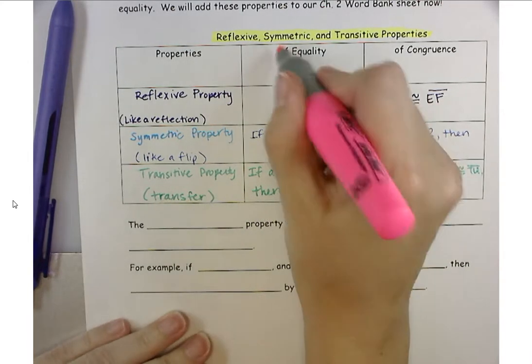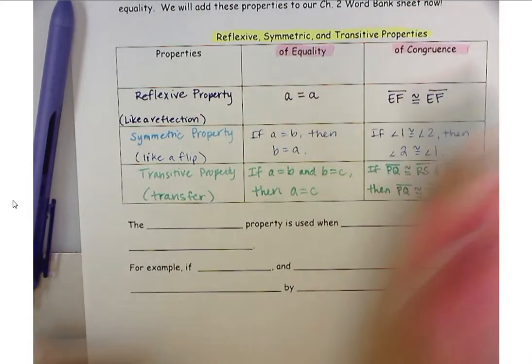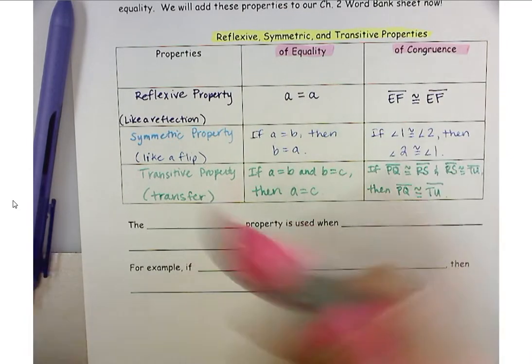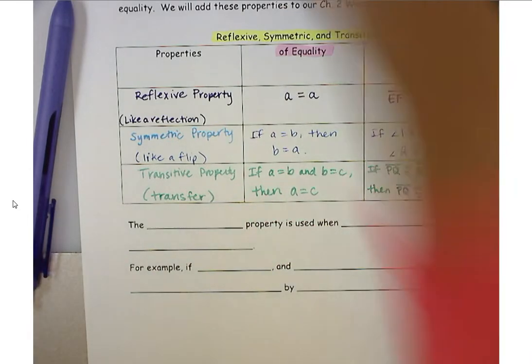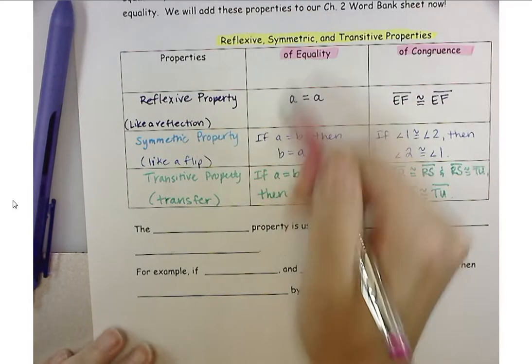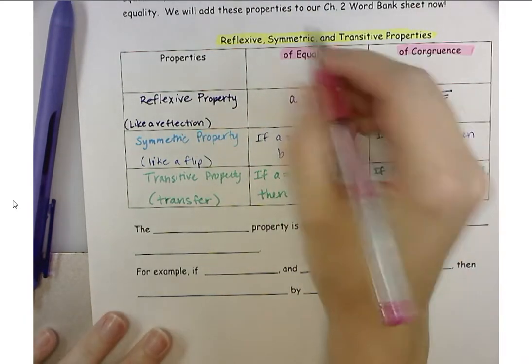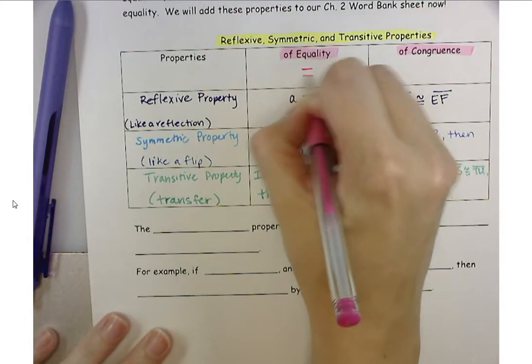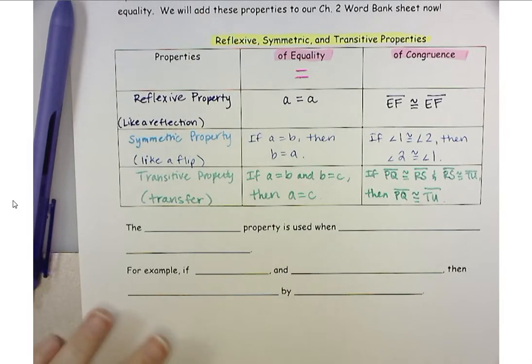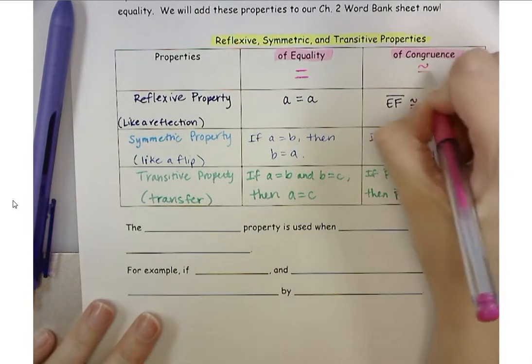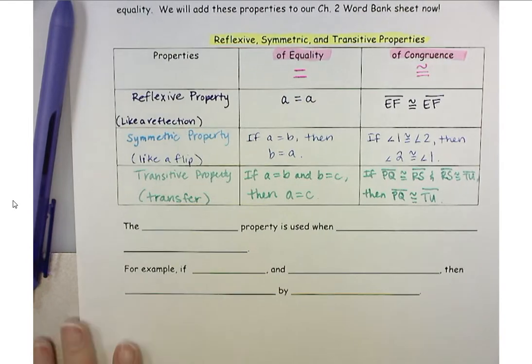Again, I just want to stress the difference between these two is just what symbol you have. If it's of equality, you're going to have an equation that has the equal sign. If it's of congruence, then that's when you're going to have the congruent symbol.